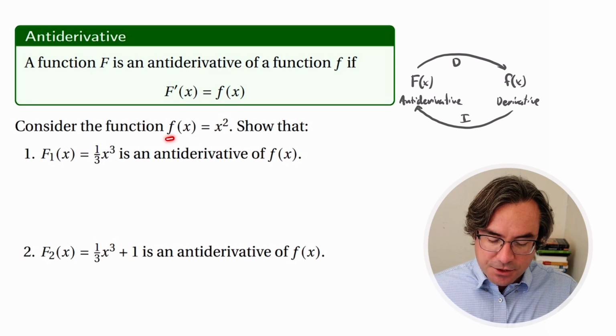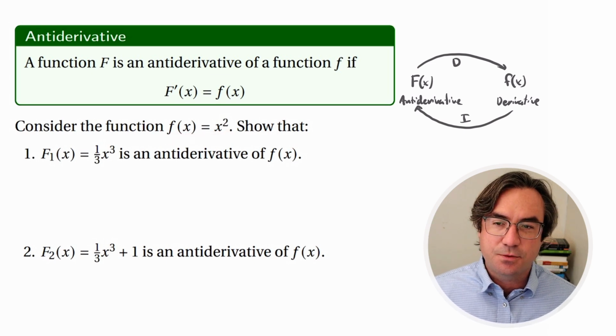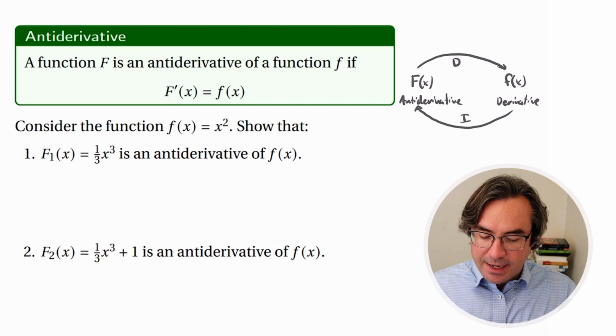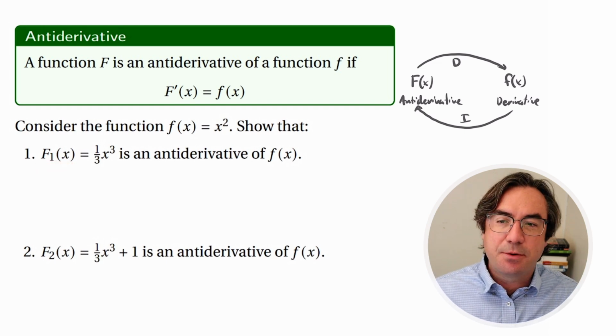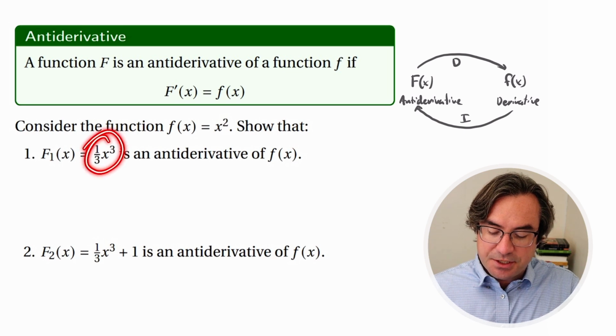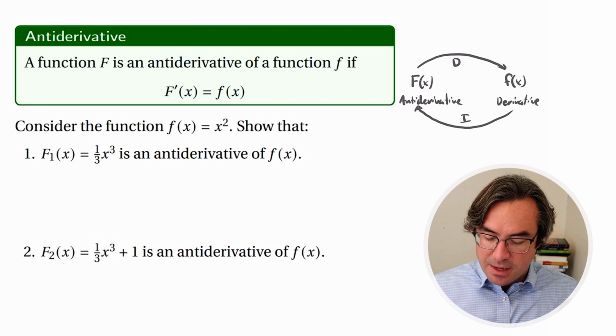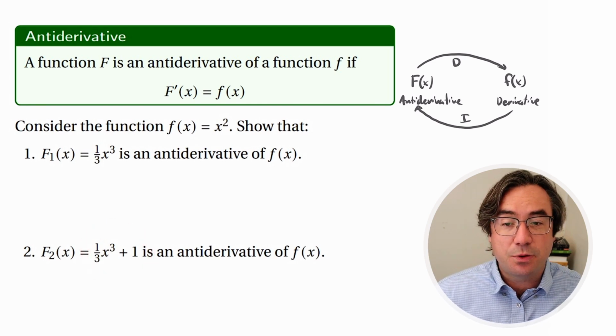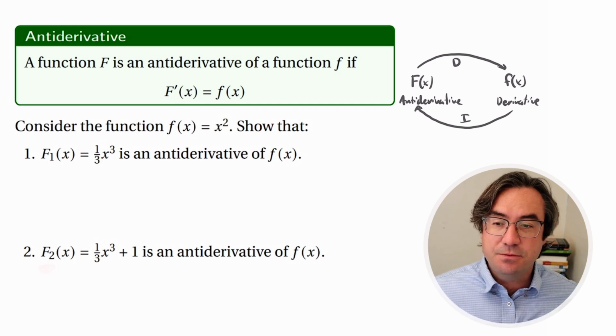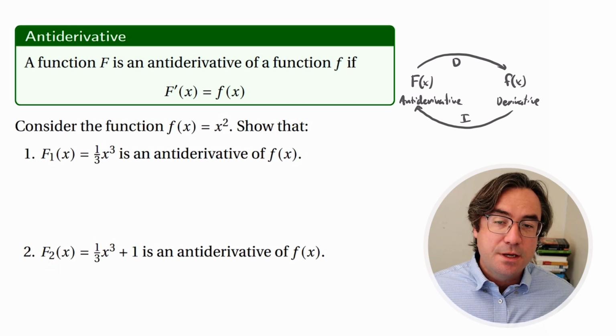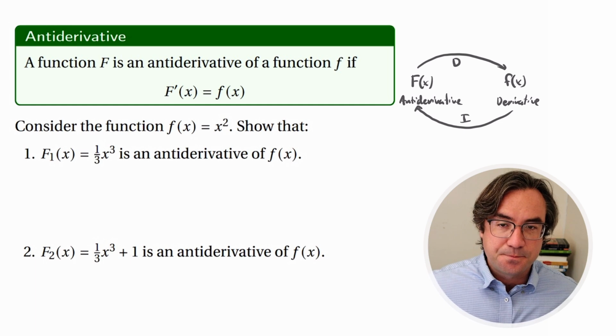Let's look at the function little f of x equal to x squared. We're going to show that the function capital F1, which is 1/3 x cubed, is an antiderivative of this. And we're going to show 1/3 x cubed plus 1, a different function, which we'll call F2, is also an antiderivative.